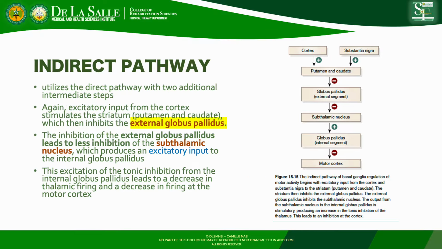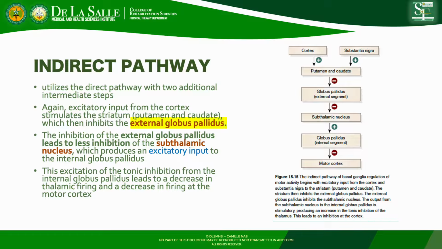In the indirect pathway, this is the opposite of the direct because it causes an inhibitory output to the cortex. It utilizes the direct pathway with two additional intermediate steps. Again, excitatory input coming from the cortex to excite the striatum. The striatum will then inhibit, this time, the external globus pallidus.